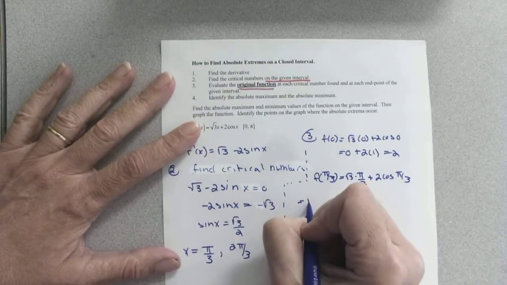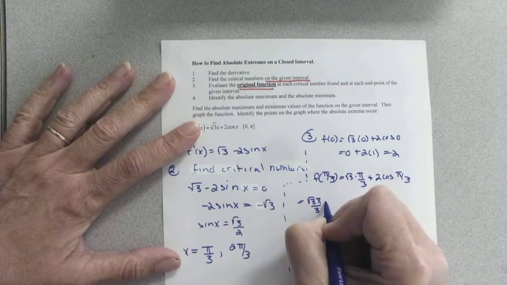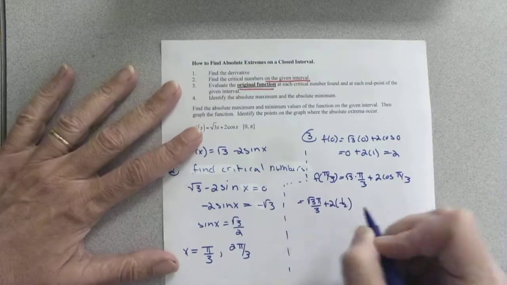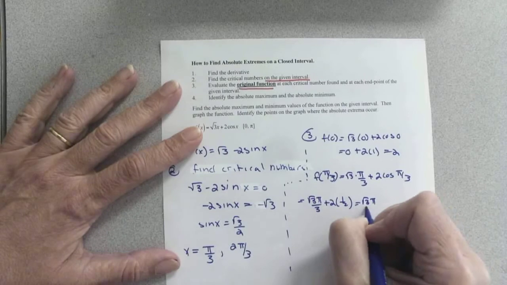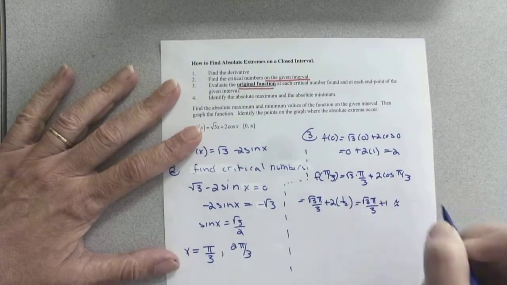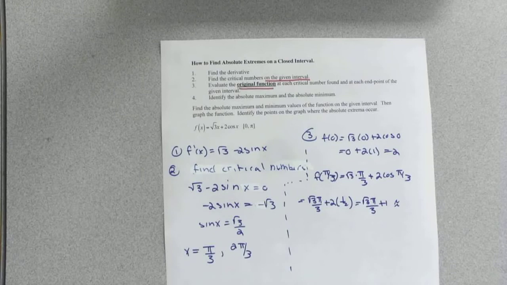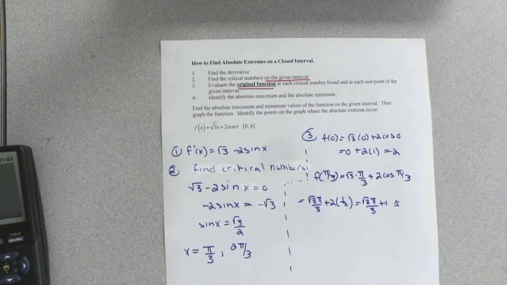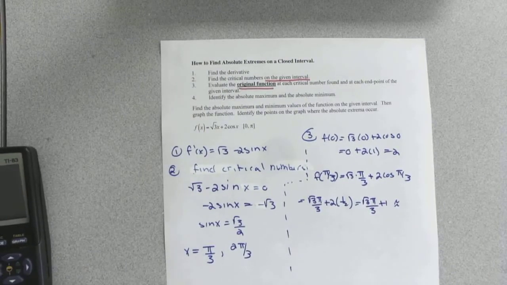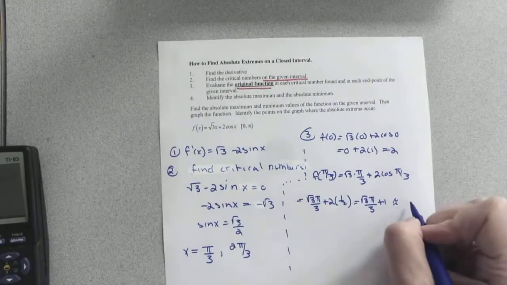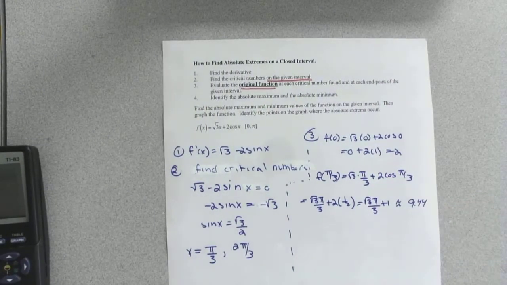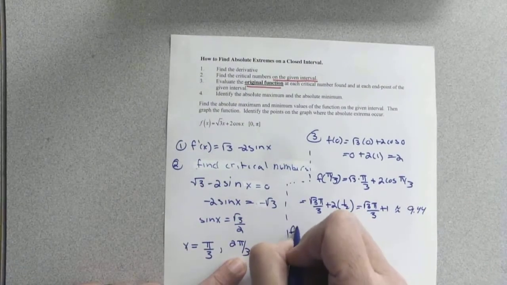And so that's going to be square root of 3 pi over 3 plus 2 times 1/2, which is square root of 3 pi over 3 plus 1, which is approximately equal to 9.44. Keep going.